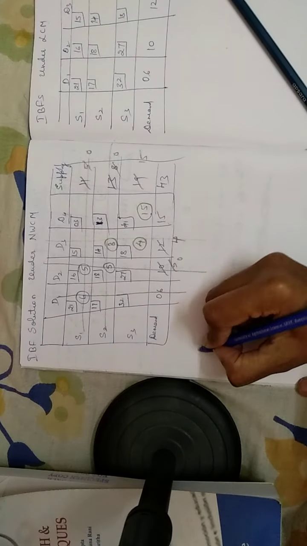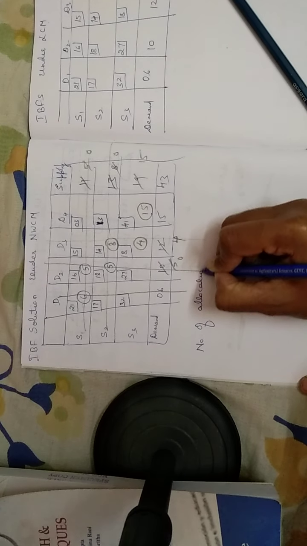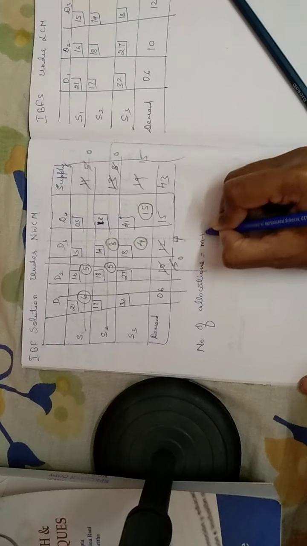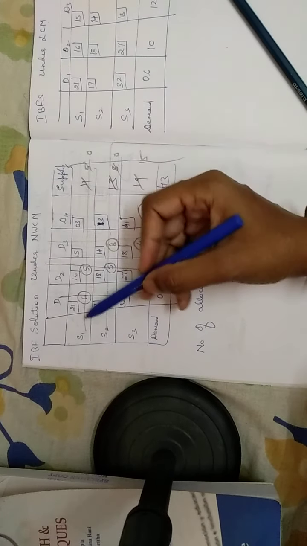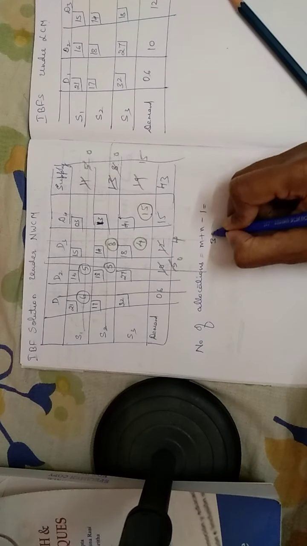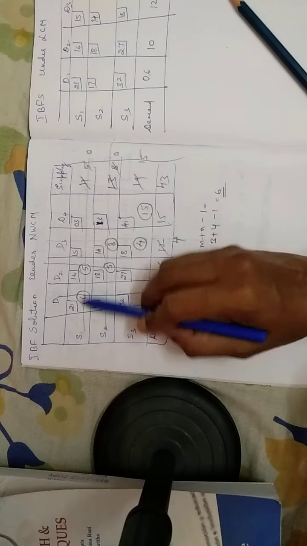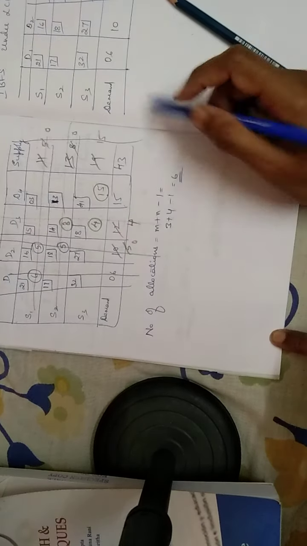Now the number of allocations will be m plus n minus 1, where rows are 1, 2, 3, so 3 plus 4 columns minus 1, so 6 allocations should be there. 1 2 3 4 5 6, so 6 allocations are met.